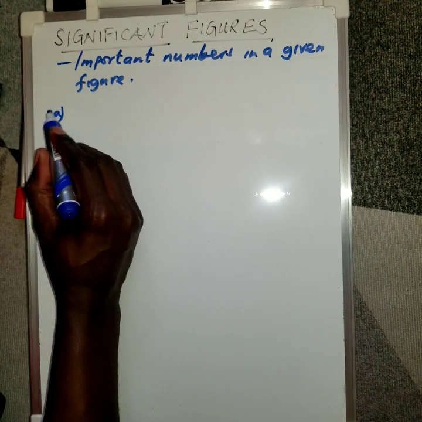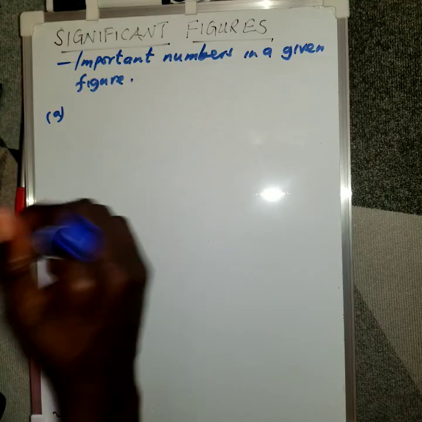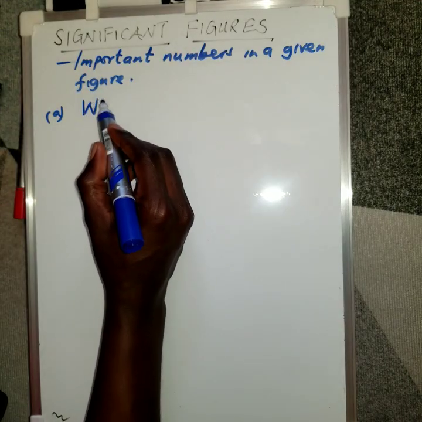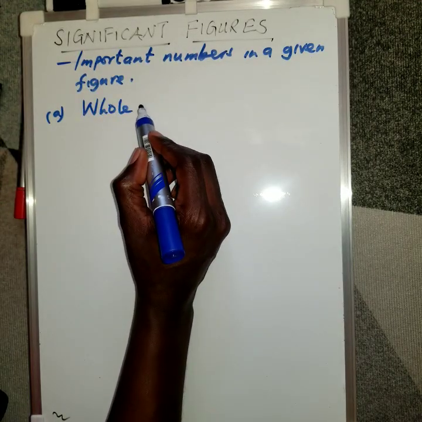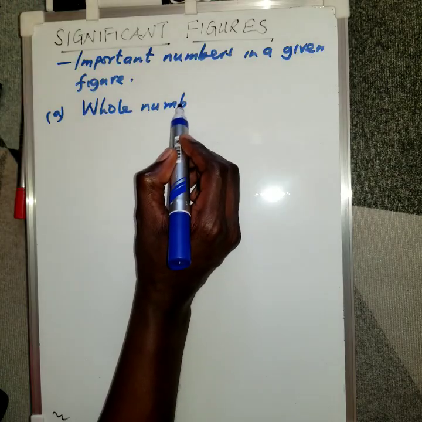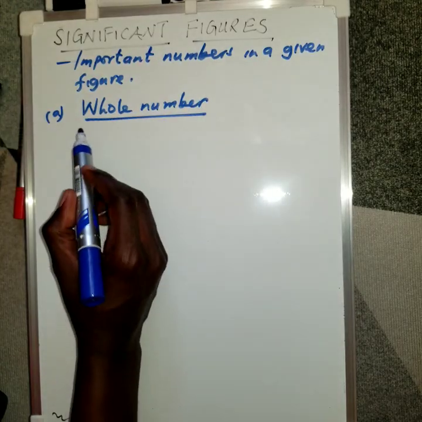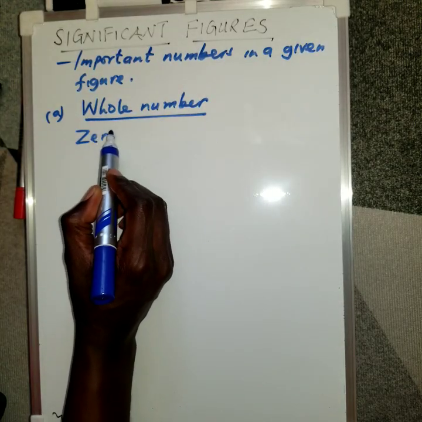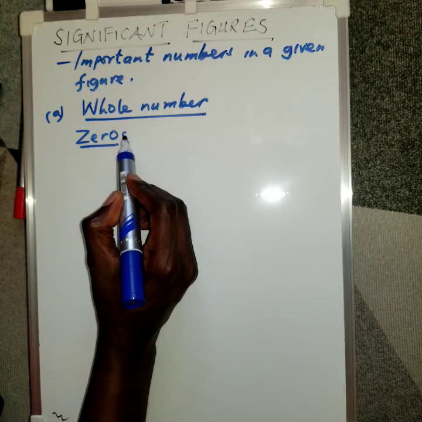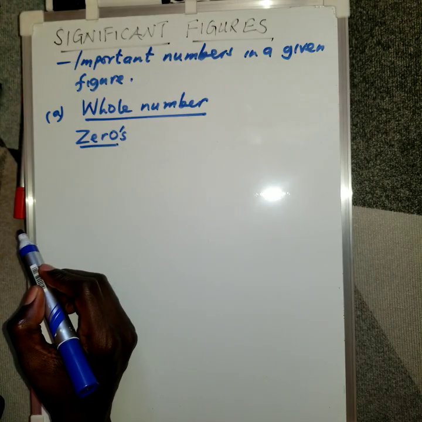Now there are two types of numbers that you are going to come across. One, we talk about the whole numbers. Now as we talk about whole numbers, we are going to focus on the position of the zeros. So we are looking at the position of the zeros in a whole number.